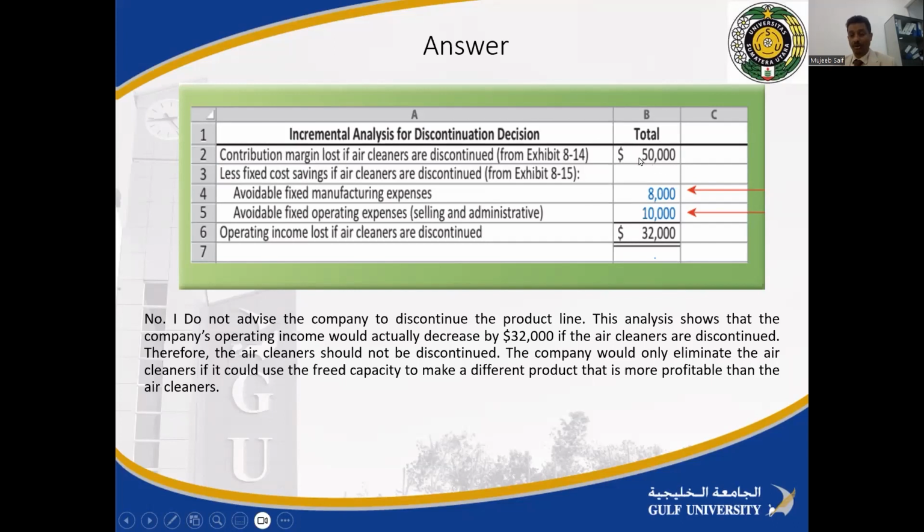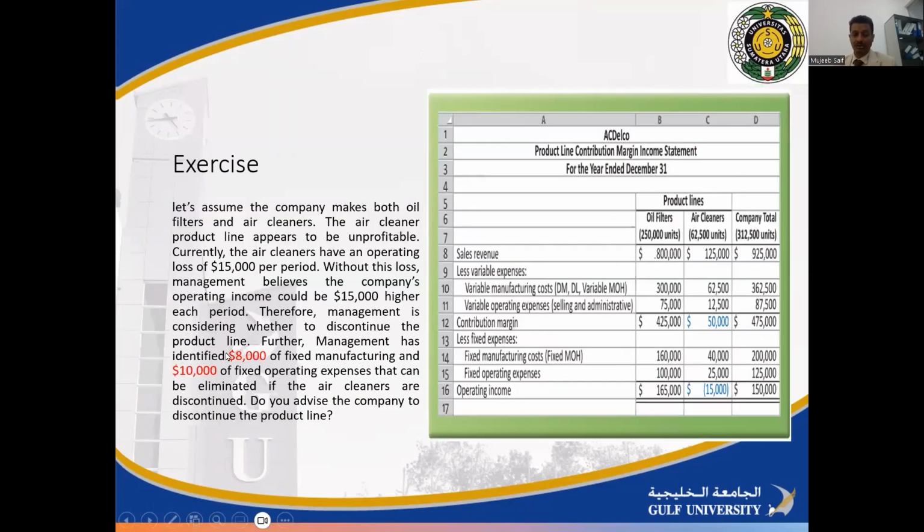I will lose this. But on the other side, I will save some amount of fixed cost, as mentioned in the exercise. In the exercise, the fixed manufacturing cost for this production line is 40,000. If I close it, I will avoid 8,000 only.